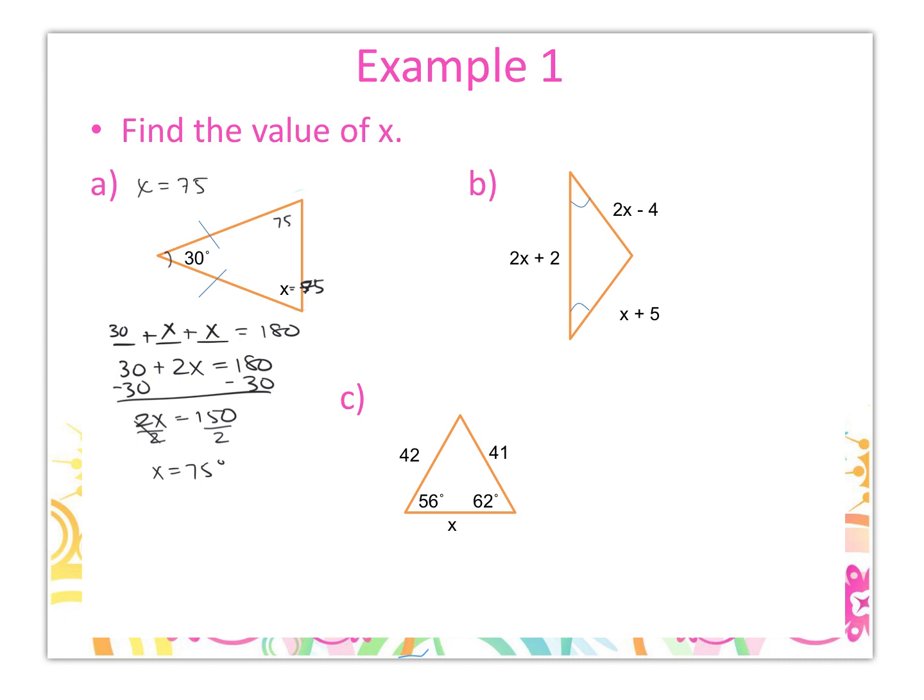So x is 75. When I go to B, I notice that here they're giving me line segments, and they've given me some equal angles. And so notice that this angle here and this angle here are equal. Well, if my angles are equal, I know the sides opposite those angles are also going to be congruent.